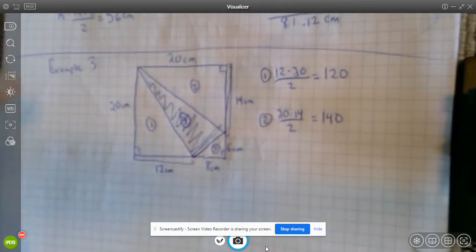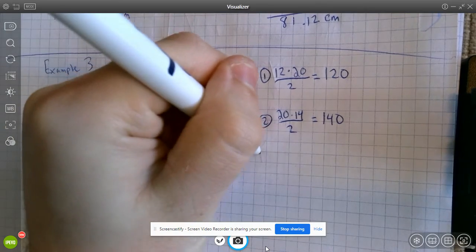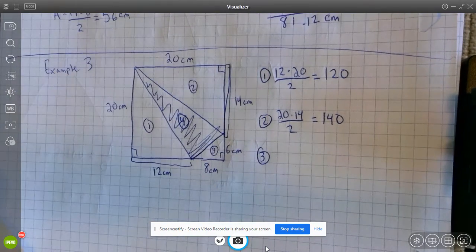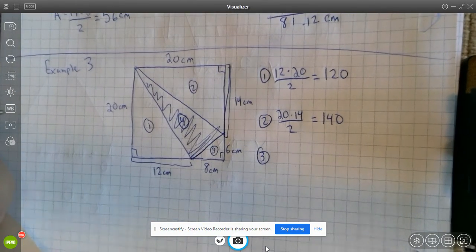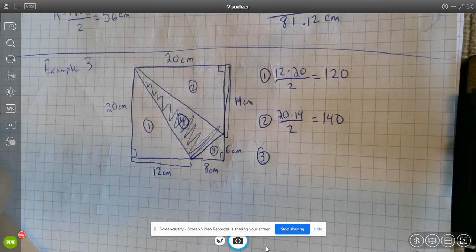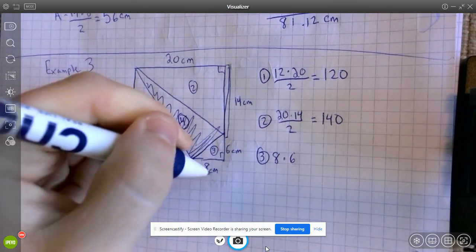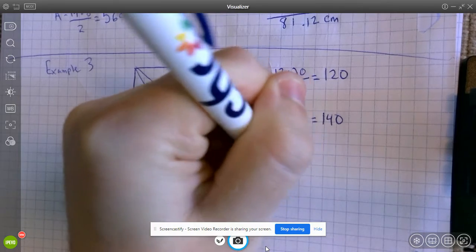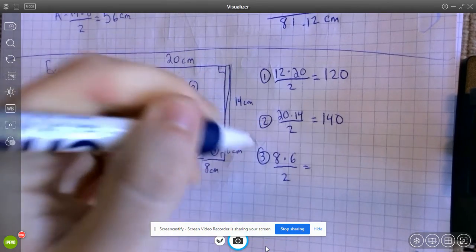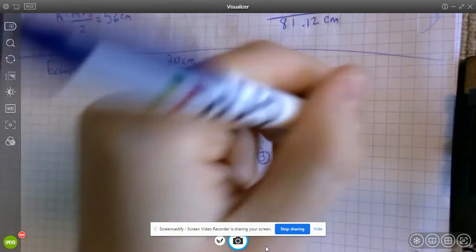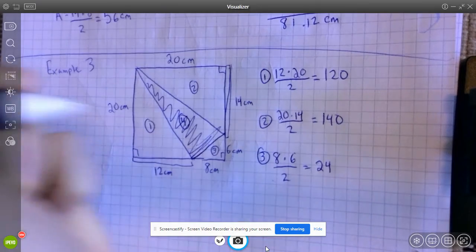Triangle 3. What's our base and height for triangle 3? We've got 8 and 6, and we're dividing that by 2 as well. 8 times 6 is 48, divided by 2 gives us 24.